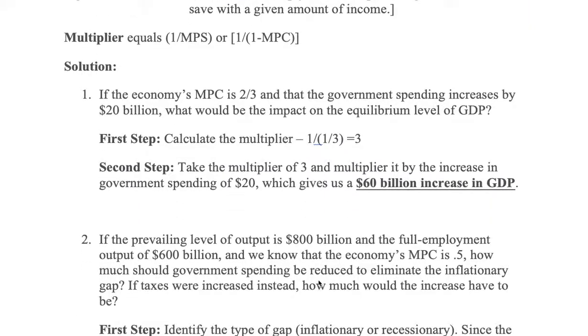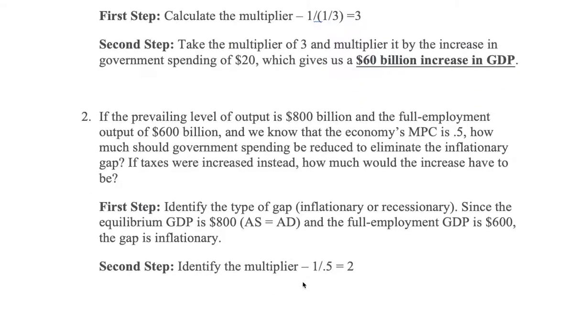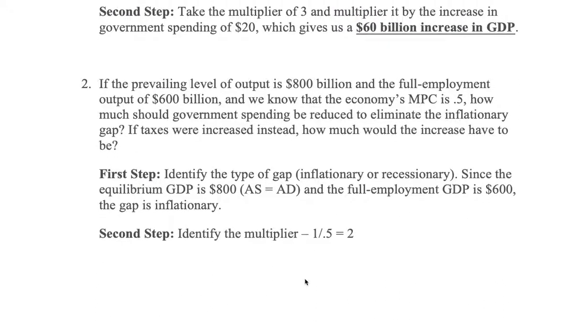The second question was dealing with two aspects. The first aspect was that the prevailing level of output is 800 billion. This goes back to when we were going through aggregate supply and aggregate demand.